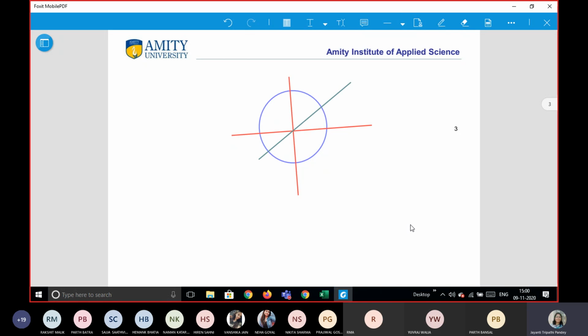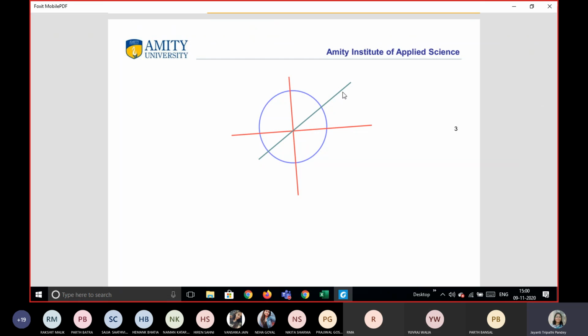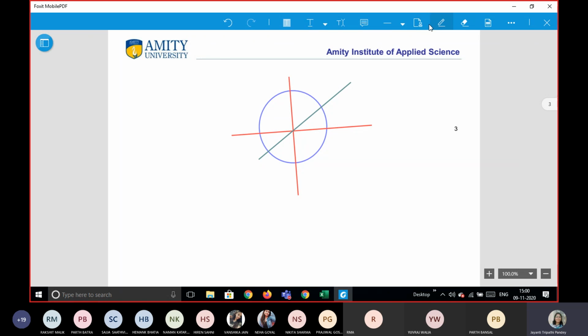Now it is said find the area bounded between the line y is equal to x. This is the line y is equal to x. This is the circle. This is origin.